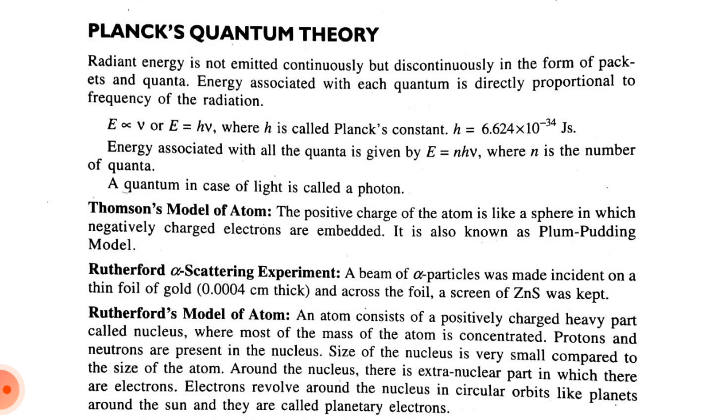E is directly proportional to nu, or E equals h nu, where h is Planck's constant. h is equal to 6.624 times 10 raised to minus 34 joule second. Energy associated with all the quanta is given by E equals n h nu, where n is the number of quanta. A quantum in case of light is called a photon.